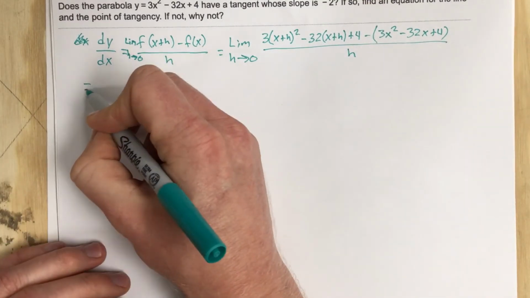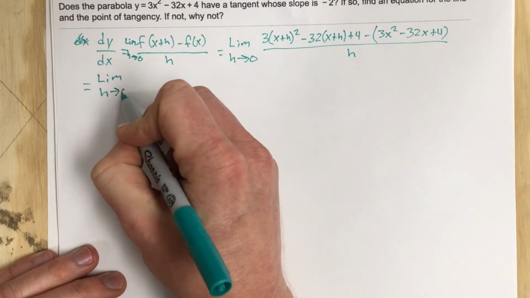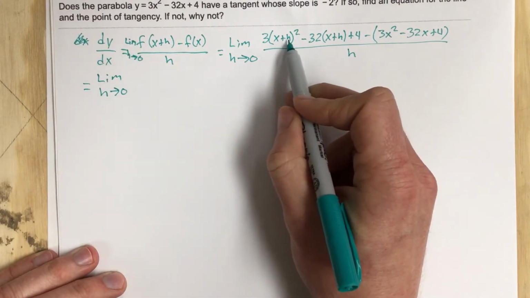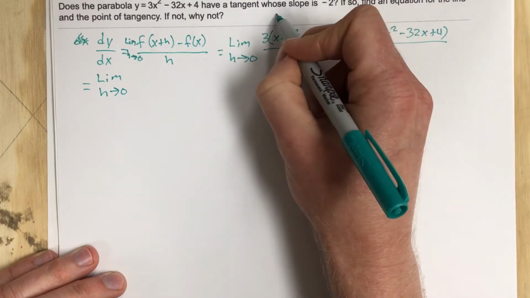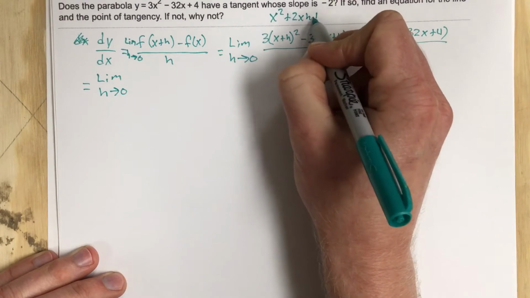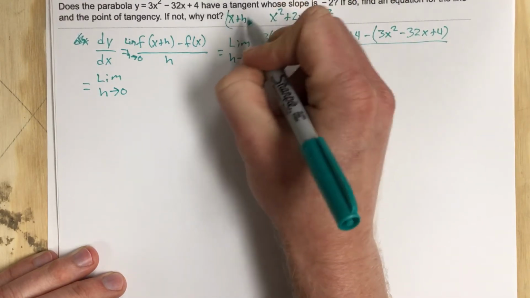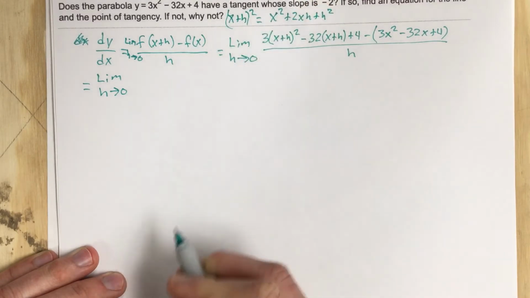So this is going to equal the limit as h approaches 0. I know (x plus h) squared is x squared plus 2xh plus h squared. All right, we've done this a few times. We know that that's what (x plus h) squared is.